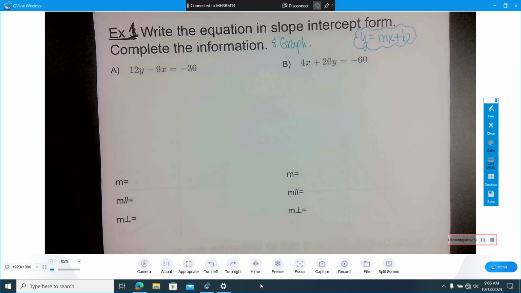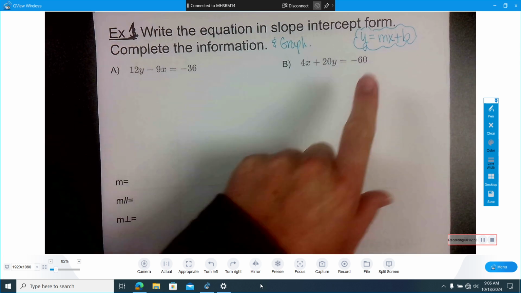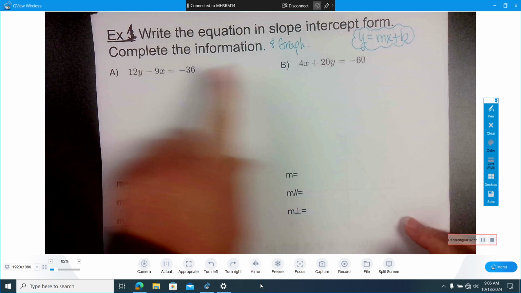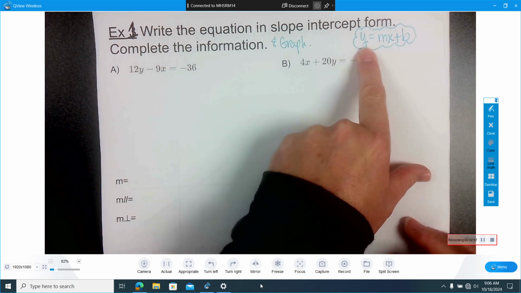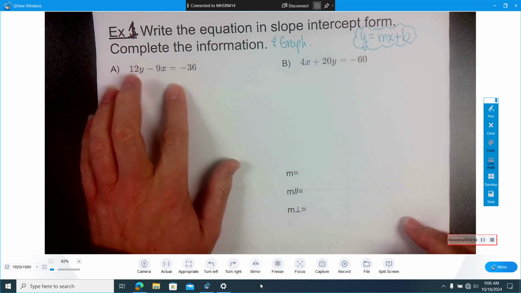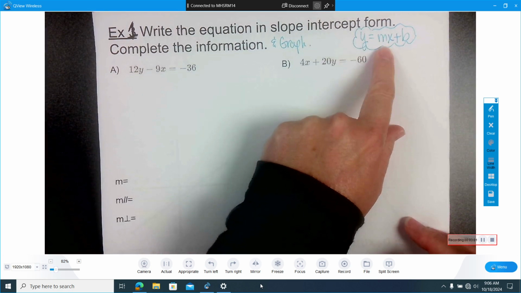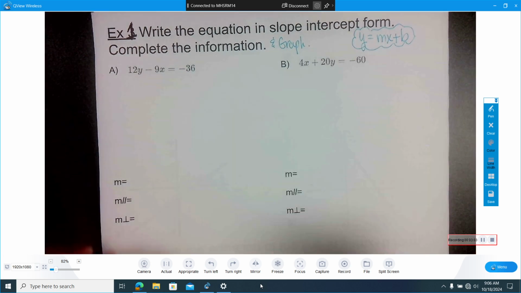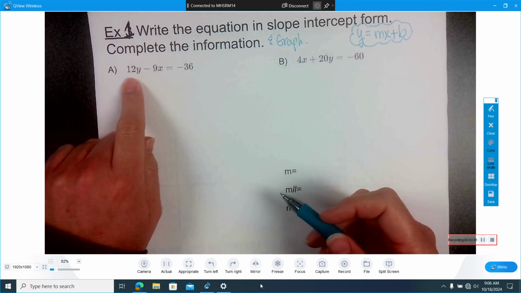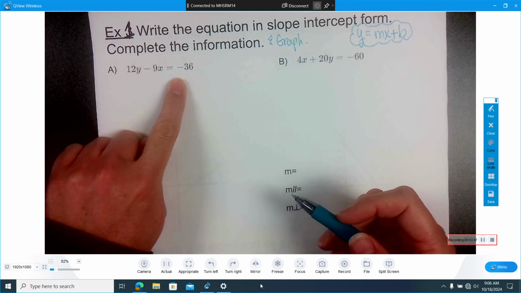And so we want to get this equation, which looks very different, into this form. This is a standard-ish kind of form. And we want to get the y by itself. So in our first one here, we have 12y minus 9x equals -36.